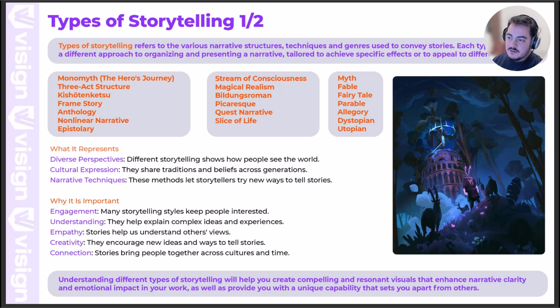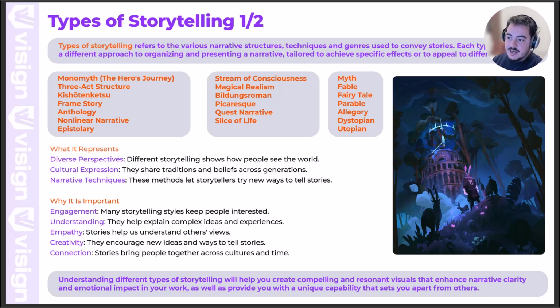We have the Monomyth, which is the hero's journey, and you have probably heard about this quite a couple of times. There are a lot of movies out there that are based on the Monomyth or the hero's journey, which was written by Joseph Campbell. You have the 3-act structure, which happens a lot in shorts and a lot of animations.